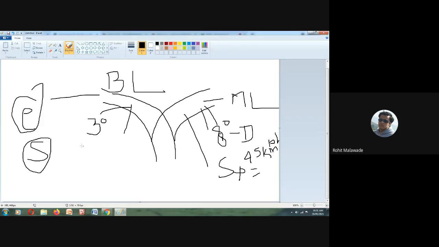I know the degree of the branch line. What they are asking me to calculate is the super elevation and the speed of the branch line.